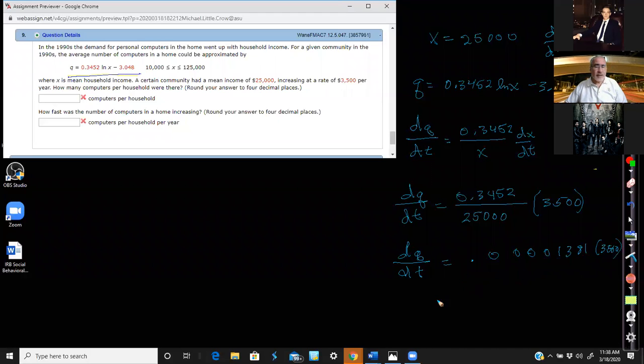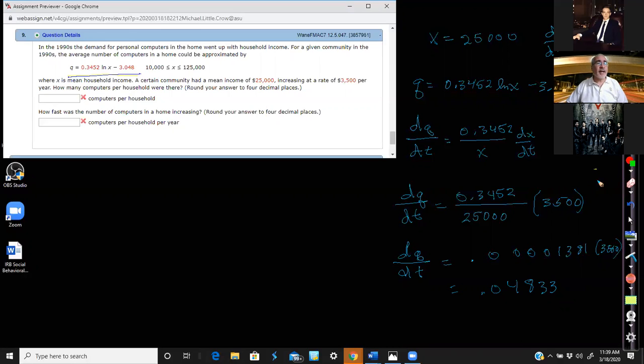So I get 0.048. How fast was the number of computers in the home increasing to 4 decimal places? That doesn't make a lot of sense, but 3, it's 2 8, so the 2 gets rounded up to 3.